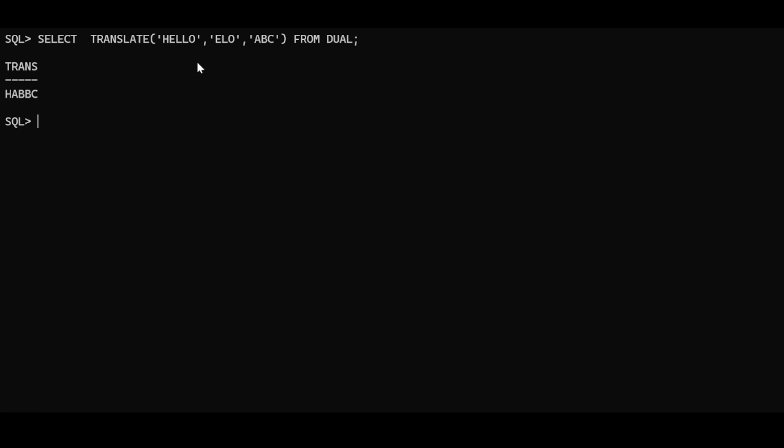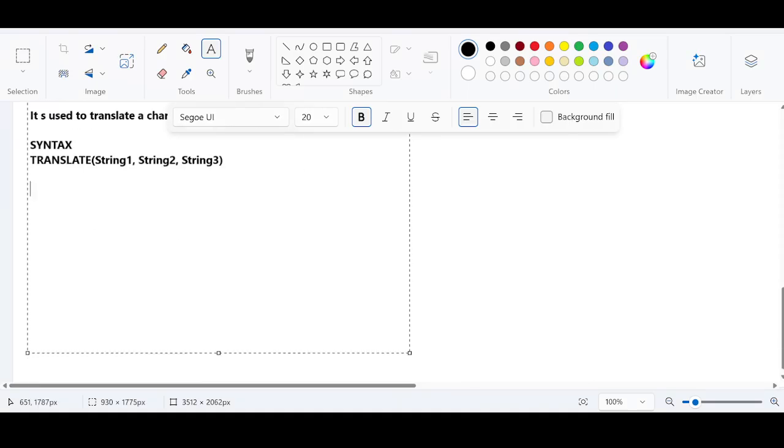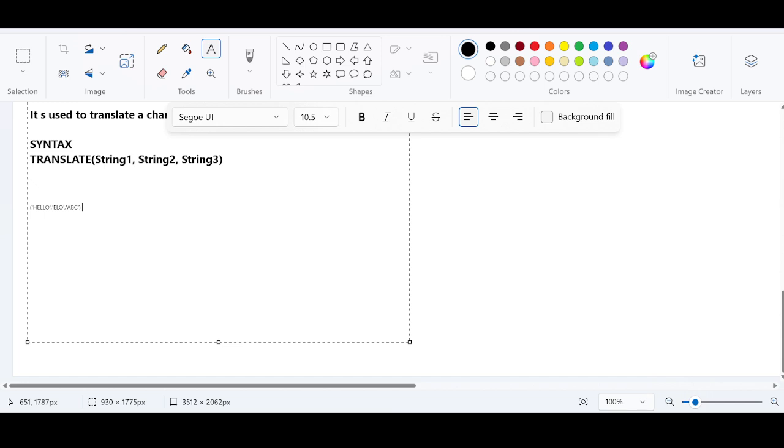So this is what it is doing internally. The character by character translation is happening here. When I say character by character, this E is getting mapped to A, and L is getting mapped to B, and you have O. O is getting mapped to C, right?